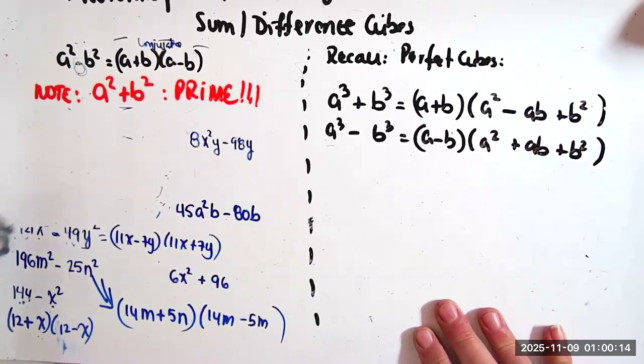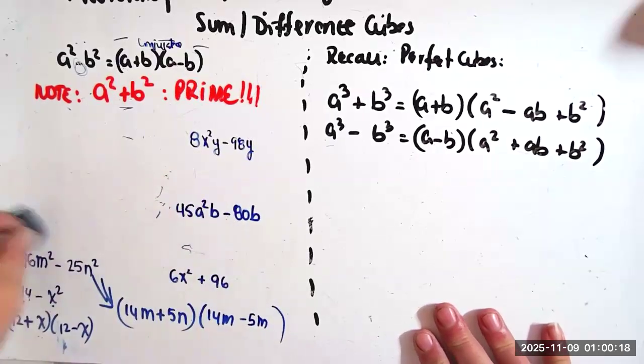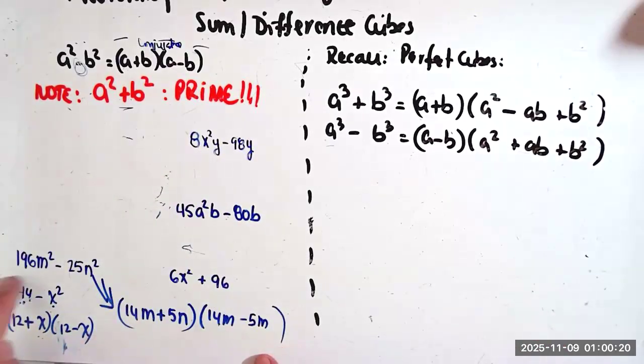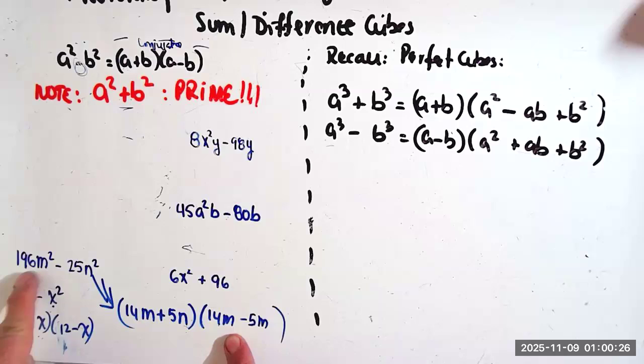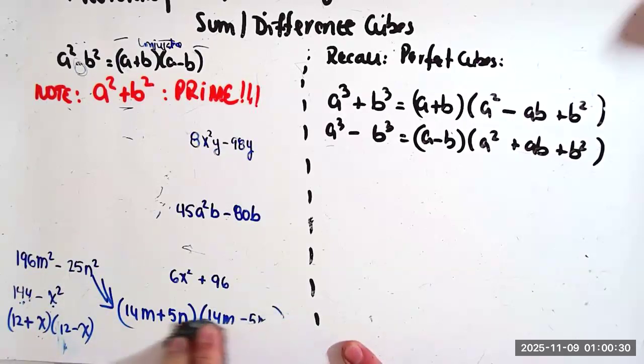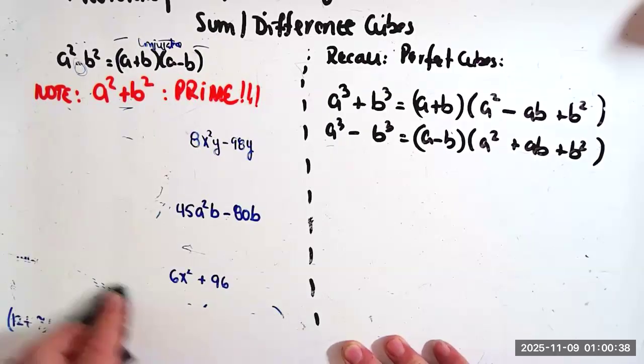It was 121, so it's 11x minus 7y, 11x plus 7y, with the variables, obviously. And this one, 14m plus 5n, 14m minus 5n. And this one is 12 times 12, 1 times 1, so 12 plus x, 12 minus x.